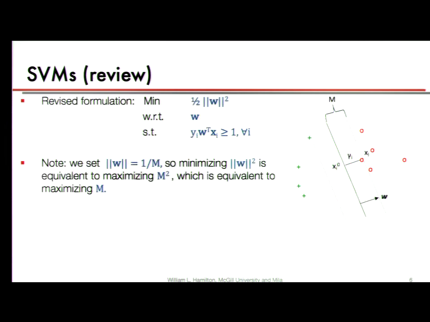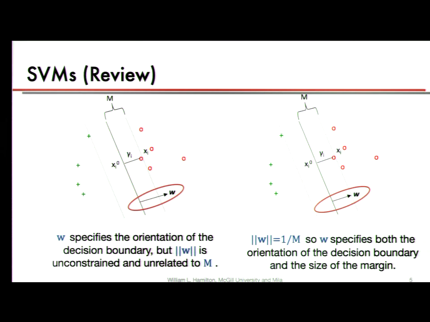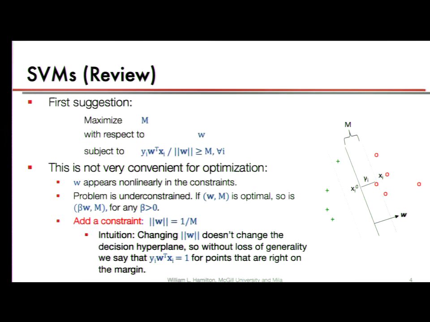And now that we've done that, we have a revised and well-defined optimization problem where we're now minimizing the magnitude of W, because if W is really big, this is going to have a big margin, so we're trying to minimize this, because we have an inverse relationship between W and M.